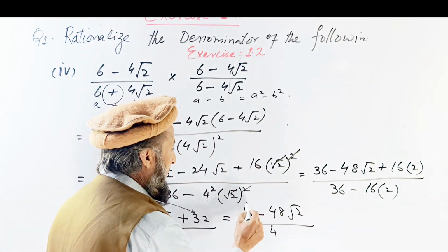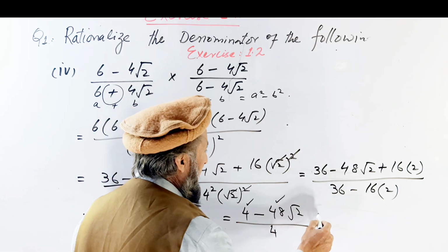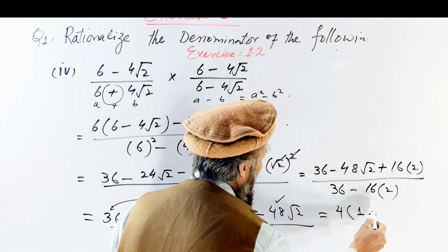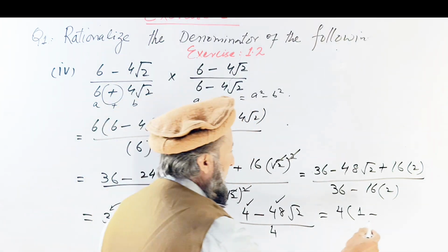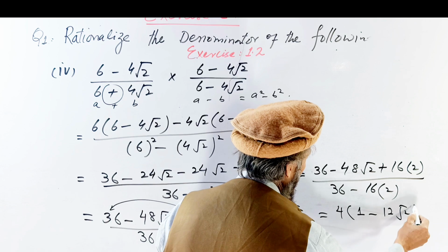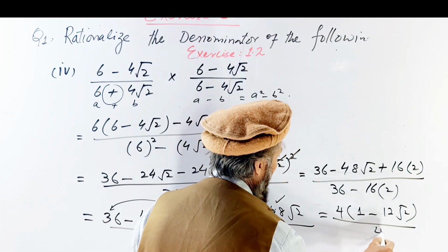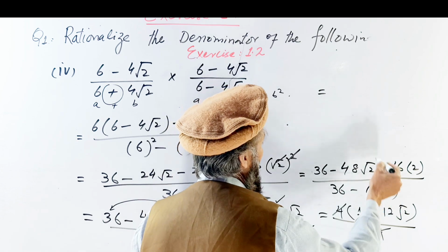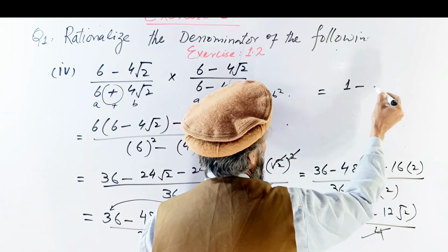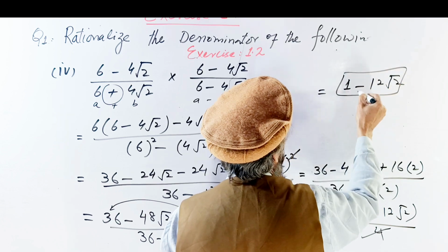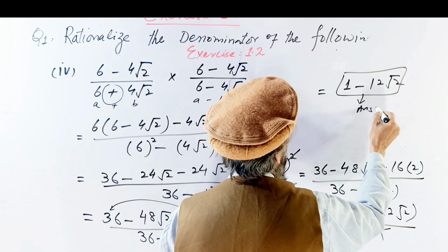If we take common here, 4 is common, so we get 4 1 multiplied by 4, and 4 multiplied by 12 we get 48, 2 under the root divided by 4. Now this 4 and 4 are cancelled, we get the rationalized form as 1 minus 12 under the root 2, which is the required answer of this question.